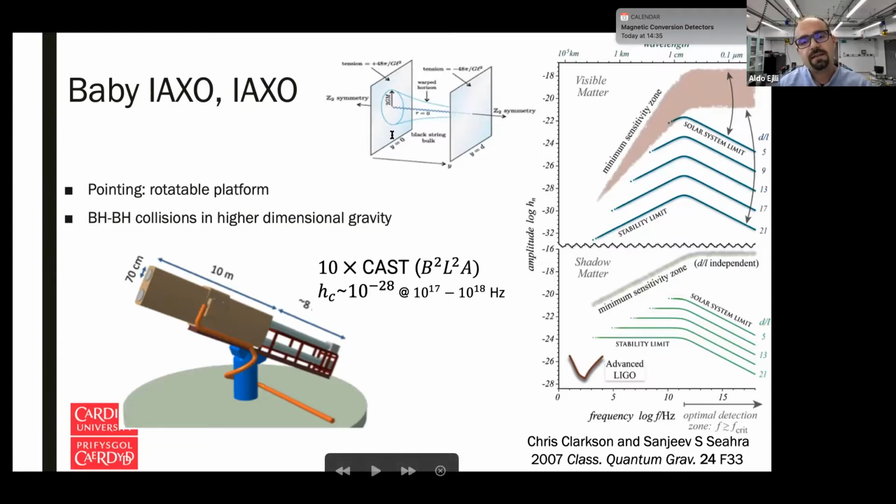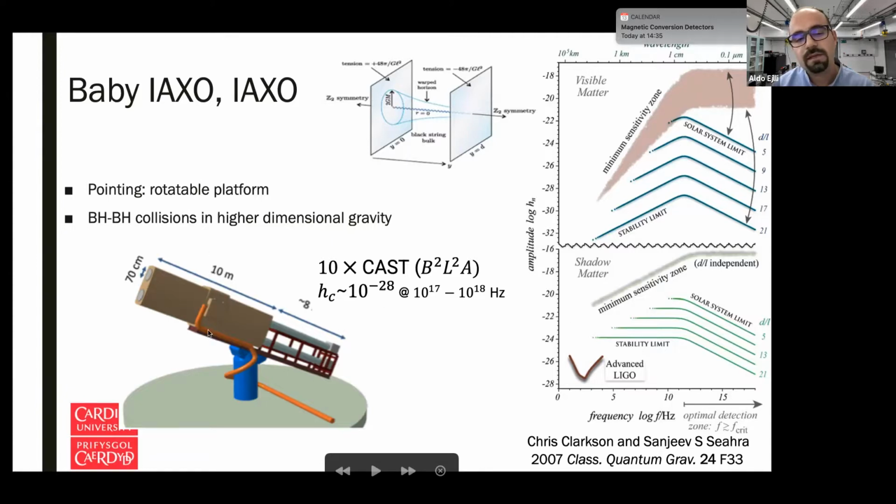This will excite the tension between these two planes, and will generate a high frequency gravitational wave of order 10 to the 15 and so on. Depending on where this black hole collision happens, you will have different strengths with some characteristic amplitude.